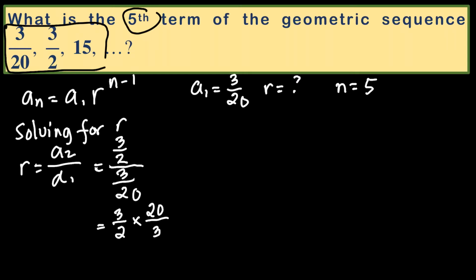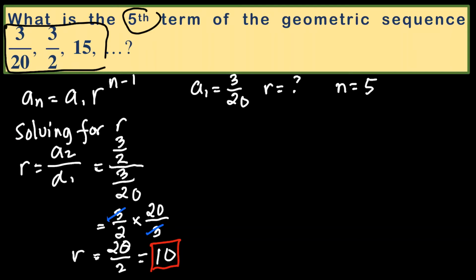We can cancel the 3s, and 20 divided by 2 is 10. So the common ratio of this sequence is 10. Let's box it.